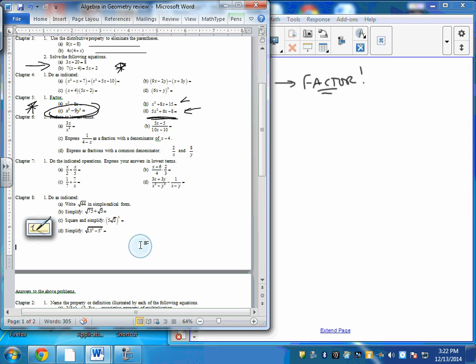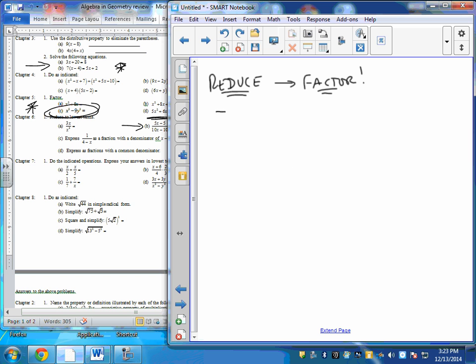Reducing fractions on your tests, let's see, chapter 6, we had to reduce some fractions. So chapter 6, you had to reduce, well, let's go to B. So we had 5x minus 5 over 10x minus 10. And like I say, it's really factoring. So factor the top. The only thing that comes out is the common factor of 5, x minus 1.